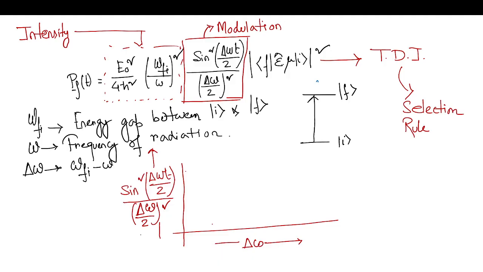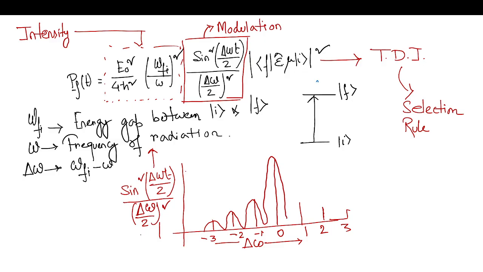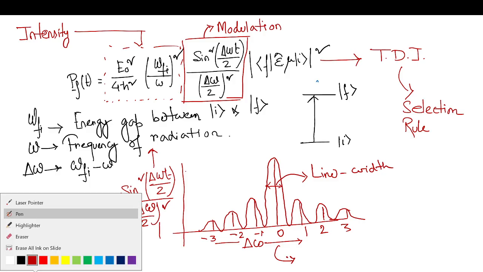We will get a damping feature. This is the line width of your absorption profile, and that only occurs at resonance conditions.